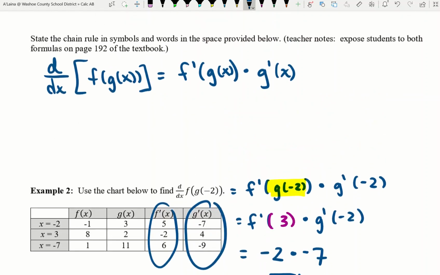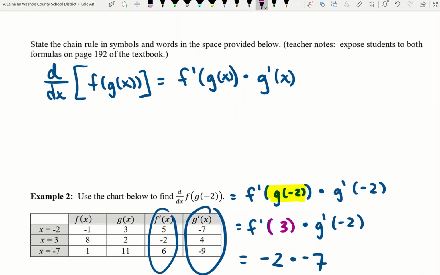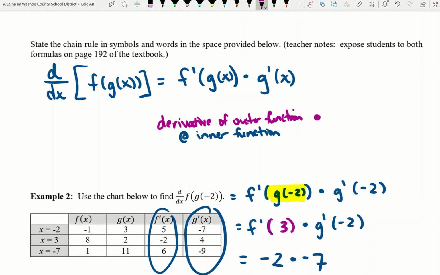So this chain rule part here, I just want to make sure and mention that what we're doing is we're taking the derivative of the outer function and we're taking that being evaluated at the inner function, and then we are multiplying that outer function's derivative times the derivative of the inner function.